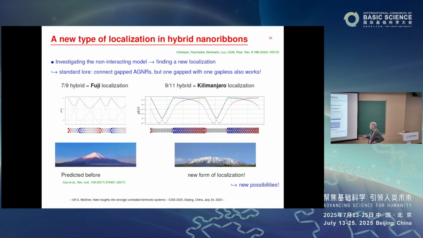Some have smaller overlap and some have larger. But if you make this infinitely long, this pattern just repeats and repeats. Here it doesn't repeat because this is a finite length, and here it's the same. But if you have this standard localization, this will just keep on repeating.